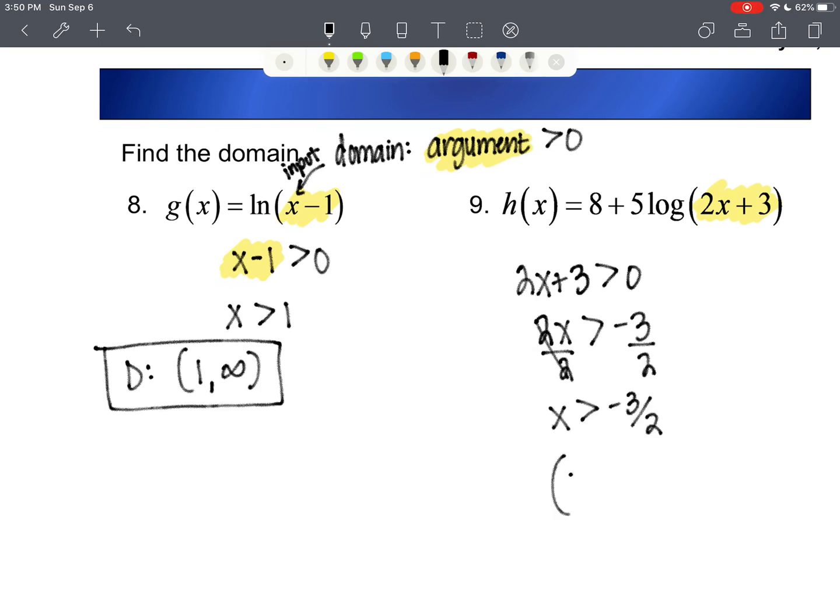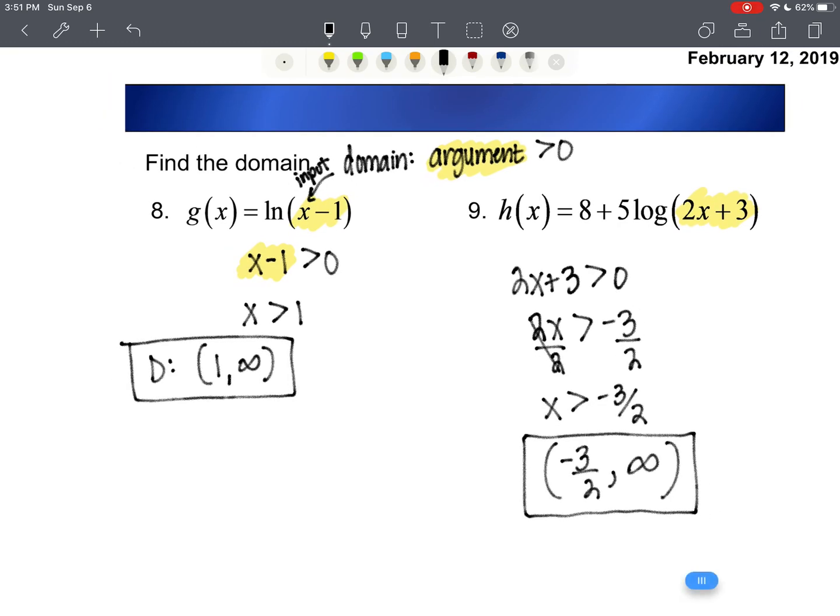This is a great example because you can have some negative values, but the argument is going to remain positive. So it's not about just x, it's about the entire argument. So make sure that you're setting that entire argument greater than 0, not equal to 0. So these are open intervals. Open intervals have the parentheses.